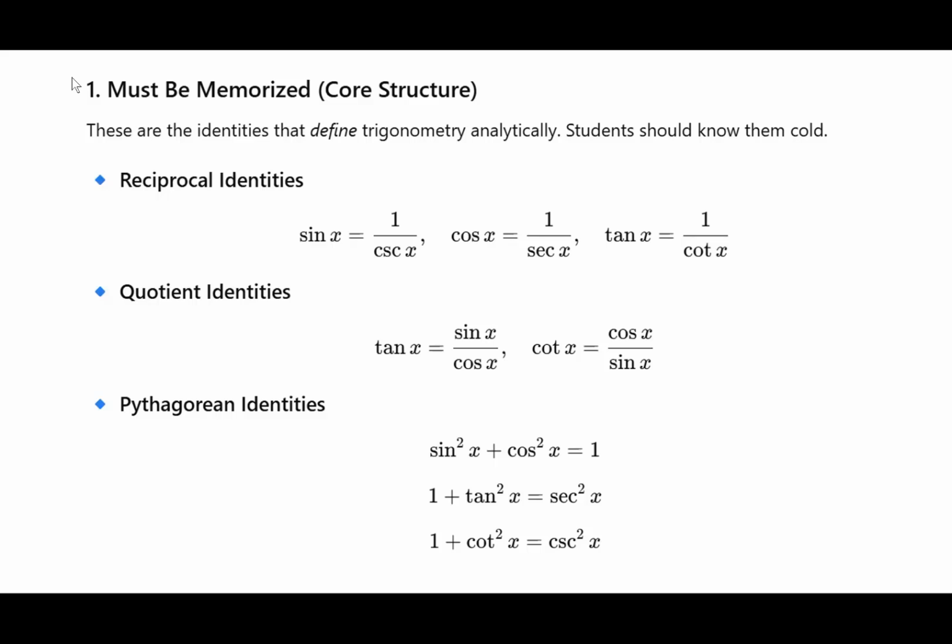Pythagorean identities, sine squared x plus cosine squared x equals 1. And you have to know these two as well, but you can figure out those two just by using sine squared x plus cosine squared x is equal to 1. You can divide that whole thing through by sine squared.